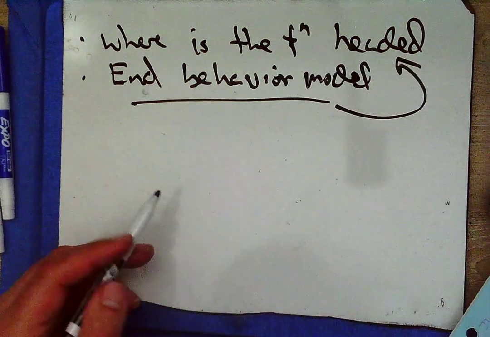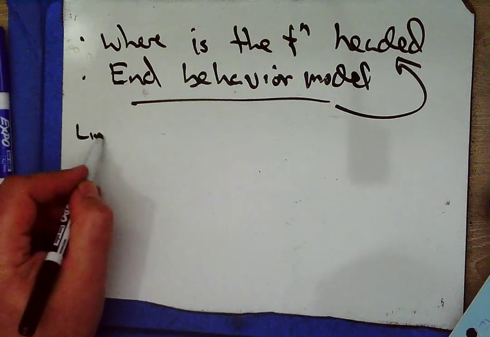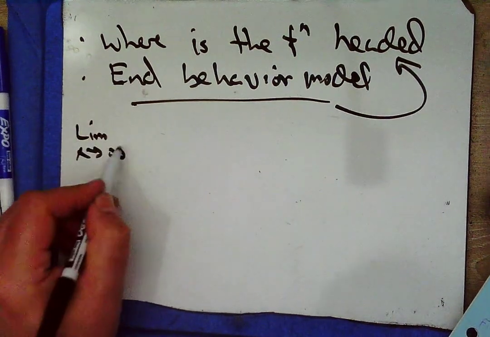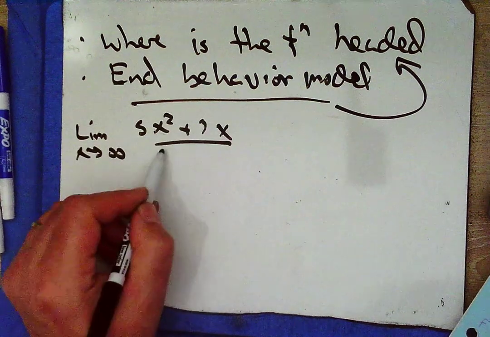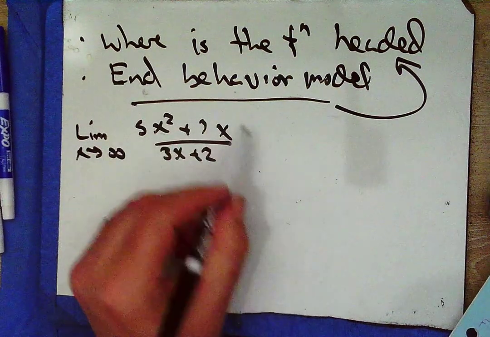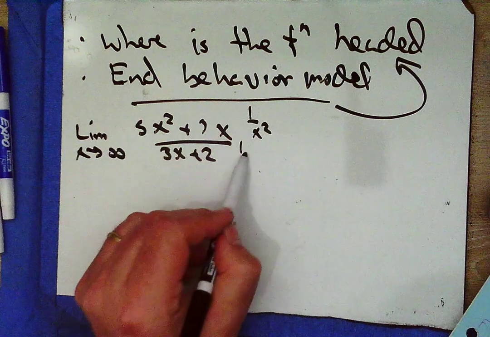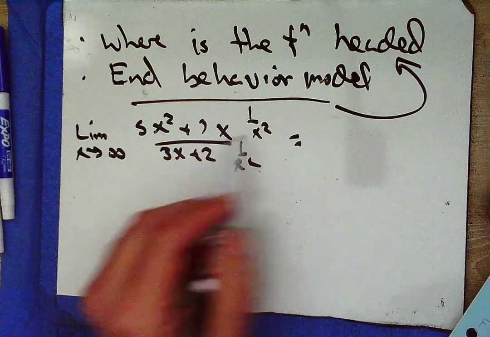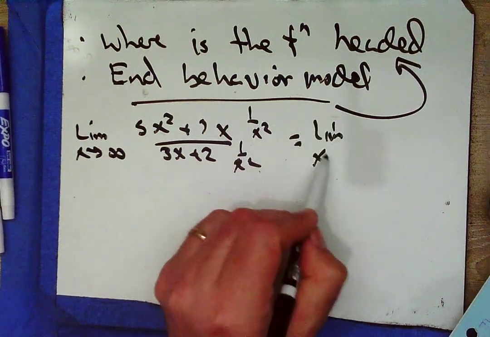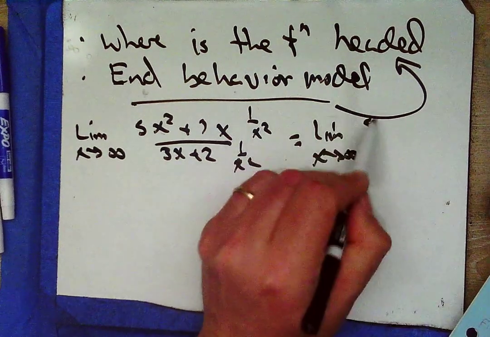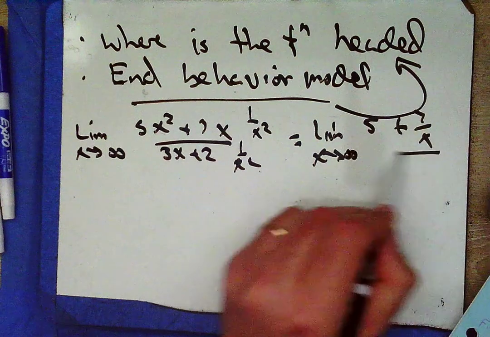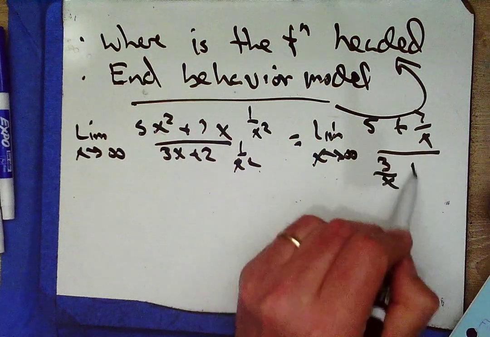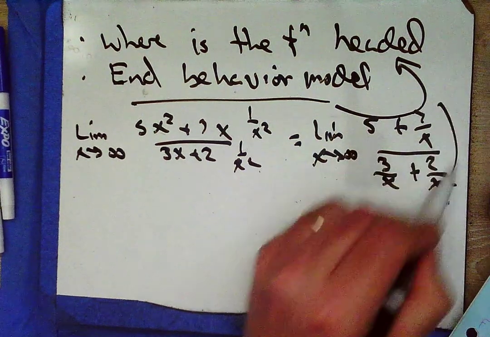Okay, so I know that the limit as x heads to infinity of 5x squared plus 7x over 3x plus 2, when I multiply by 1 over x squared and 1 over x squared, I'm going to have the limit as x heads to infinity of 5 plus 7 over x over 3 over x plus 2 over x squared.